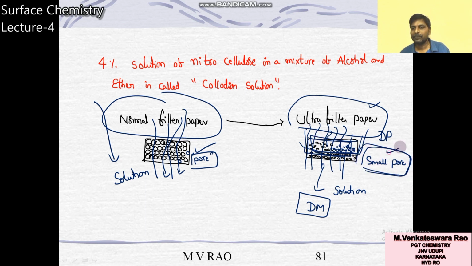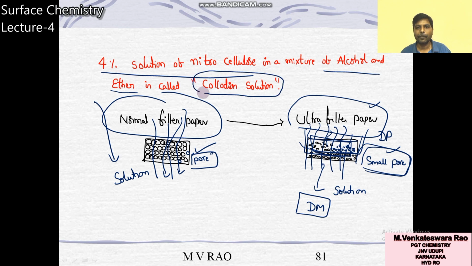How did these small pores come? Normal filter papers are impregnated with a 4% solution of nitrocellulose in a mixture of alcohol and ether. This is called collodion solution.